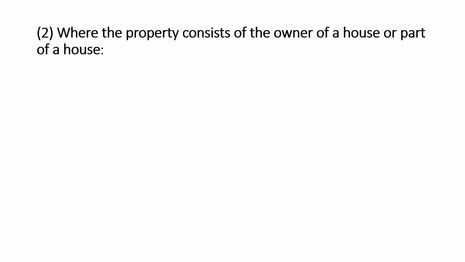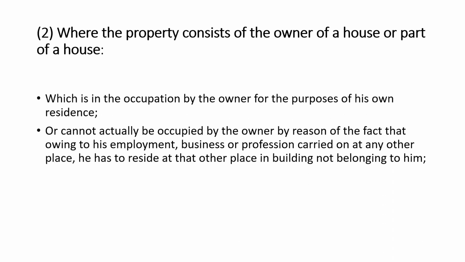Then we'll see the second condition. The second condition is where the property consists of a house or a part of a house in the occupation of the owner for the purpose of his own residence.